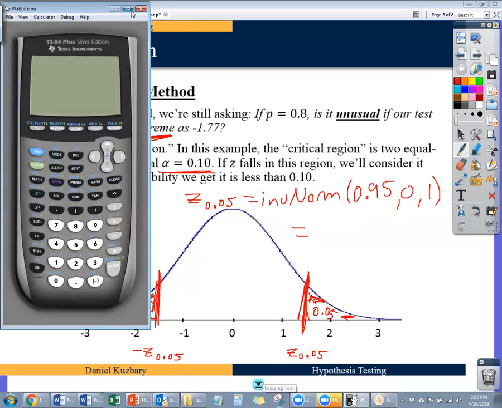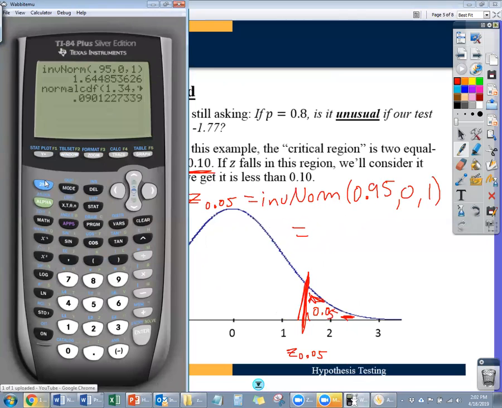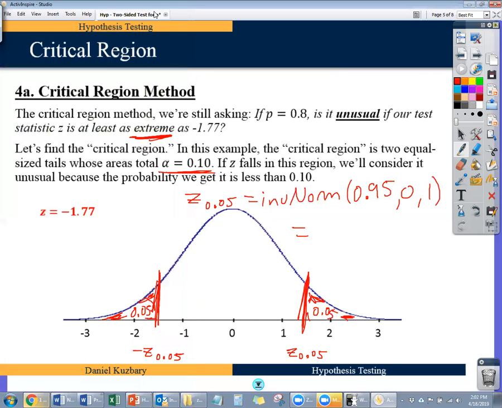You do inverse norm .95, and you get 1.645. It's that same number. So we've seen this before. So that means this guy is 1.645. This guy is negative 1.645.